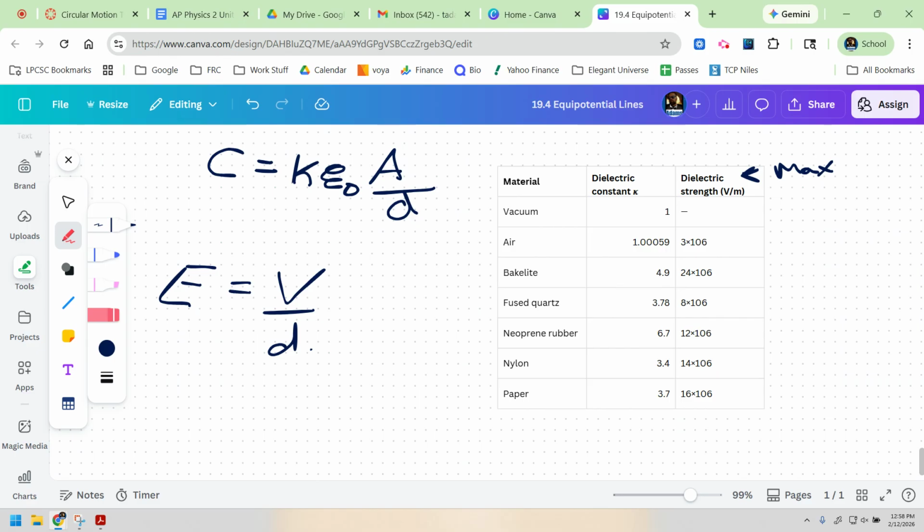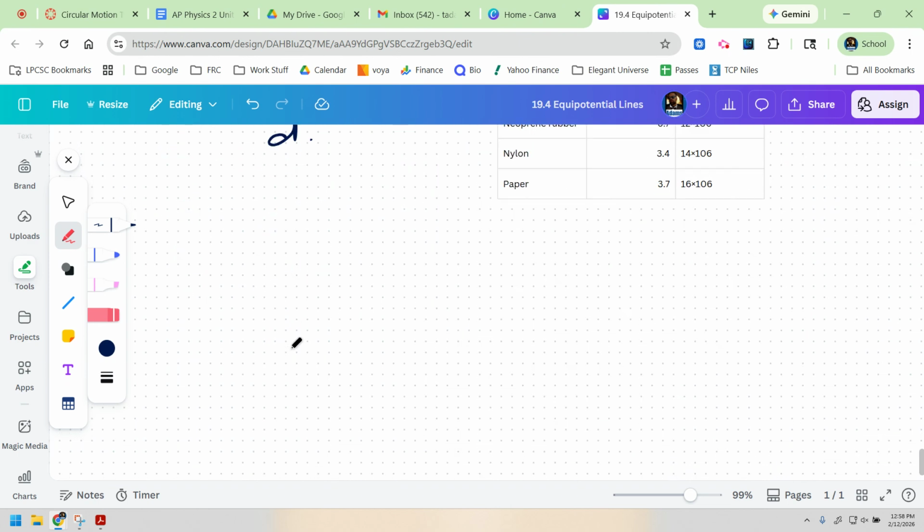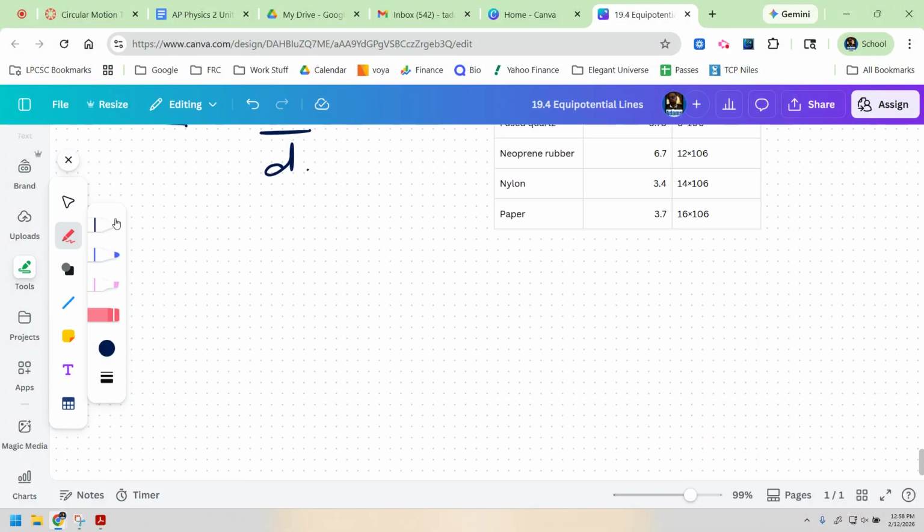So let's talk about Teflon. Let's do one with Teflon. They're talking about Teflon in the example in the textbook. So consider Teflon.